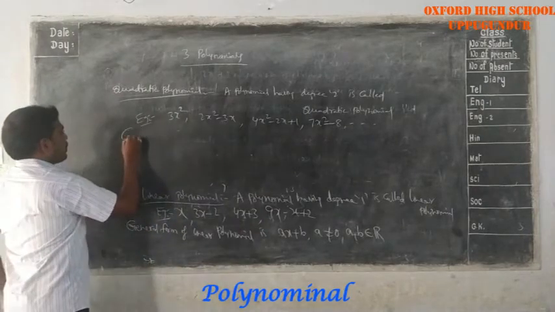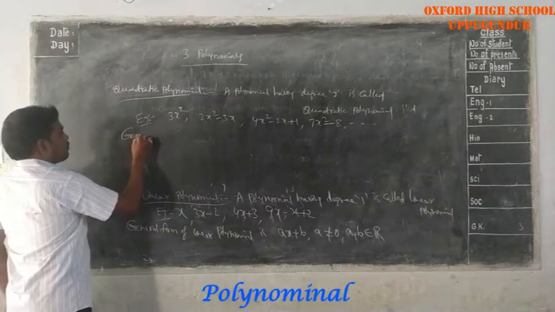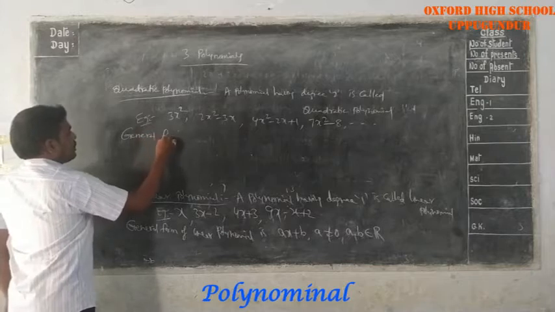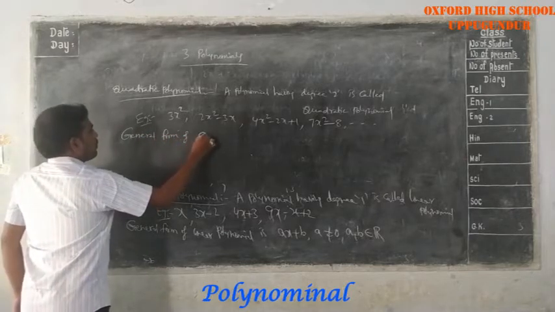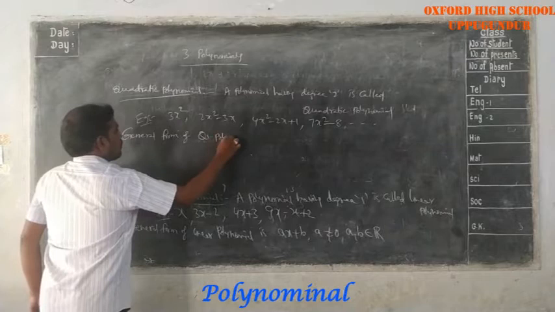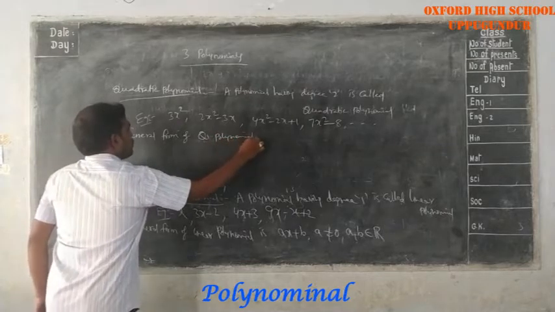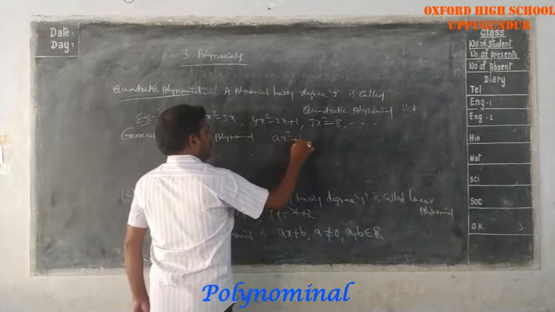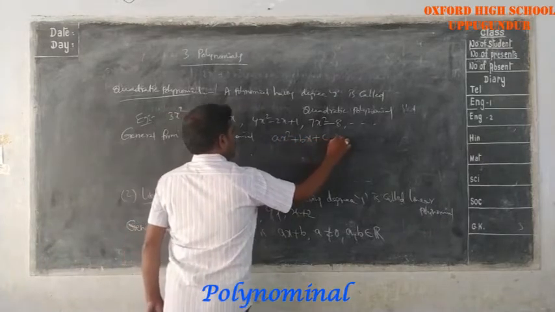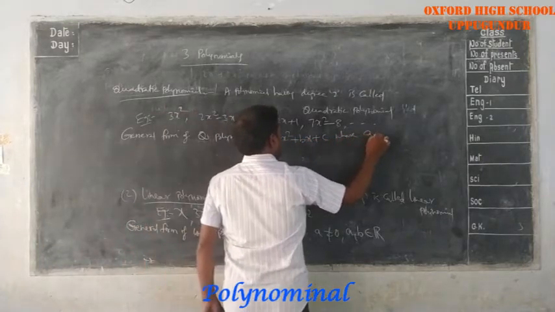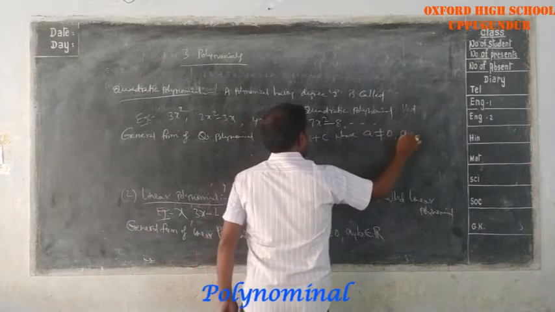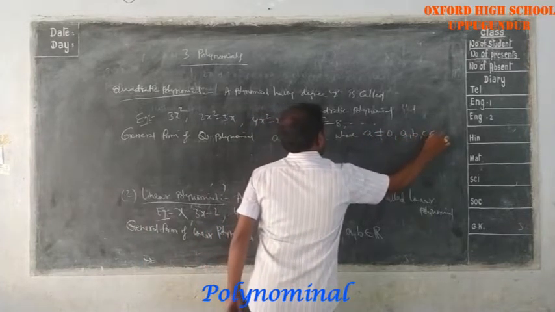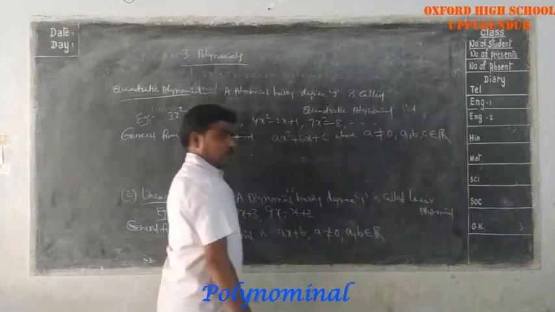General form of a quadratic polynomial is ax square plus bx plus c, where a not equal to 0, and a, b, c belong to real numbers.